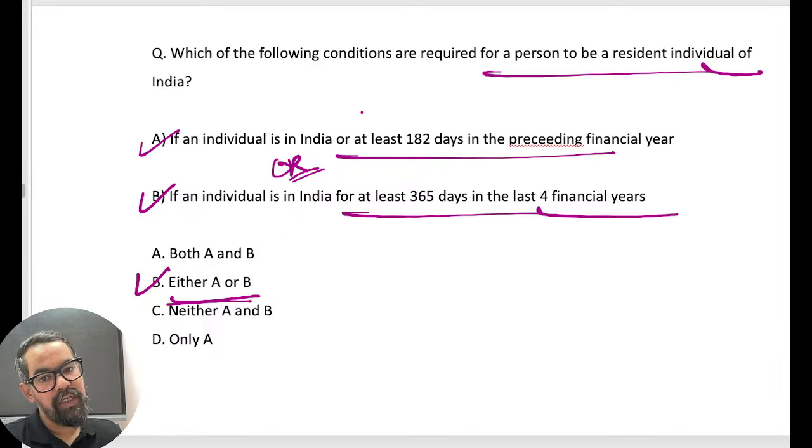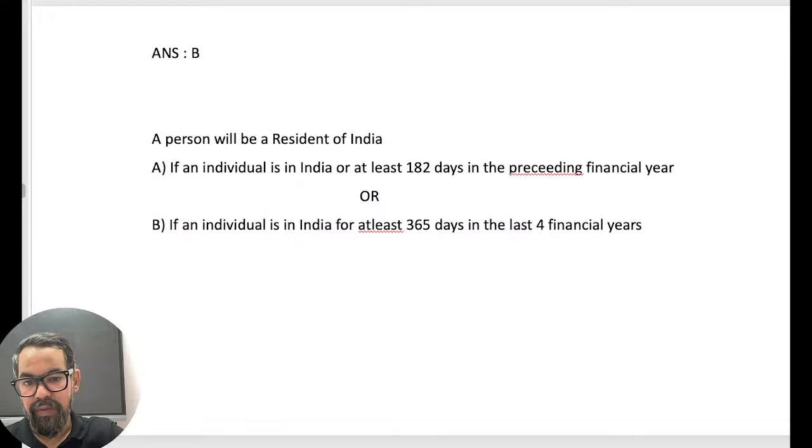The first condition is आपका 182 days in India and another one is 365 days in the last आपका preceding years, ठीक है, means like let's say 2025-26 current, so आपका previous consecutive 4 years आपका 365 or this, तो option B will be the right answer for this particular question. This we have discussed. Okay.